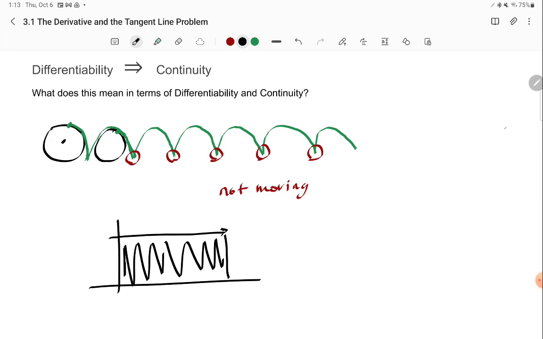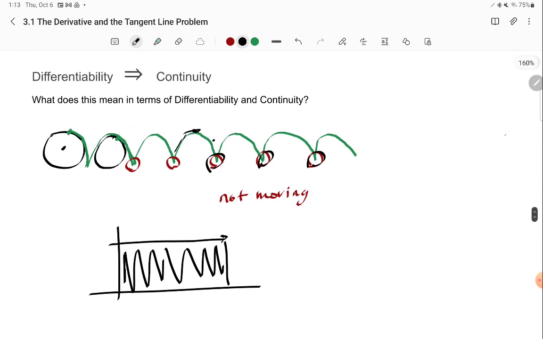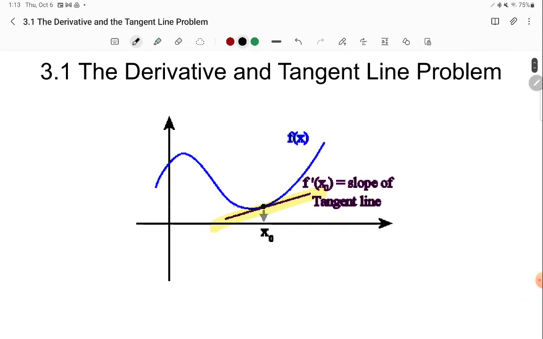And so the slopes of this green graph determine how fast it's moving. And so at these points, it's not moving at all. All right, so I know it's tricky, but that's a reason why even though it's continuous, it's not always differentiable, but if it's differentiable, it's always continuous. All right, so that is it for 3.1, the derivative and tangent line.